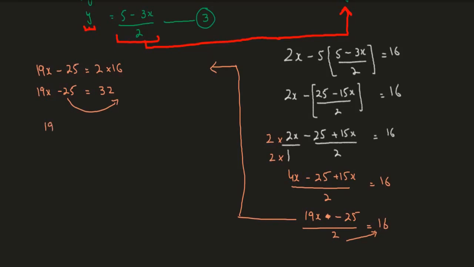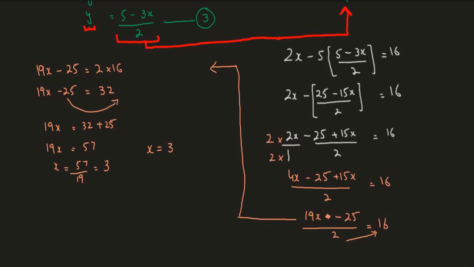So 19x is equal to 32 plus 25. So 19x is equal to 57, and x is equal to 57 by 19, which gives me an answer of 3. So x has a value of 3.